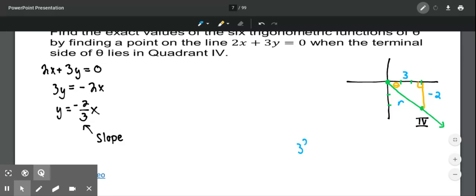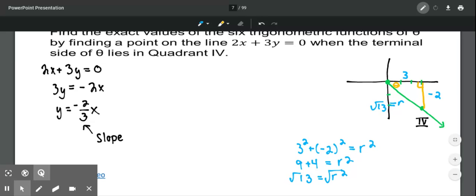So 3 squared plus negative 2 squared equals r squared, or 9 plus 4 equals r squared. So 13 equals r squared, which means that r, when we take the square root of both sides, is the square root of 13. Leave these exact, okay? Don't write these as decimals. If your sides are square roots, then leave them exact.